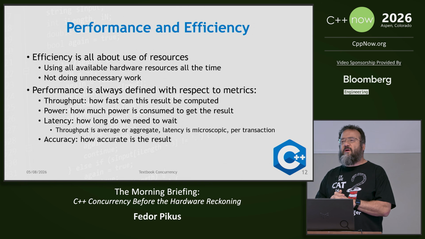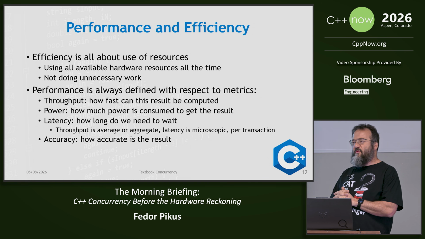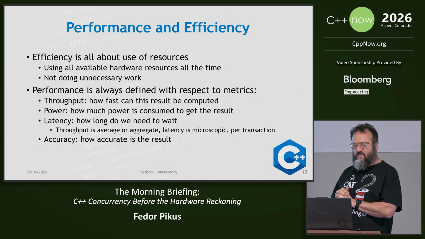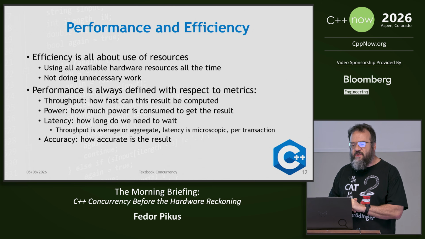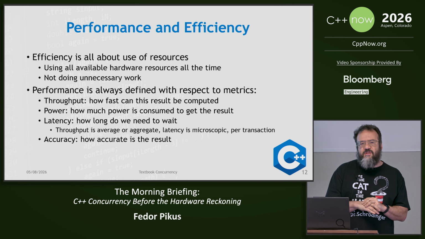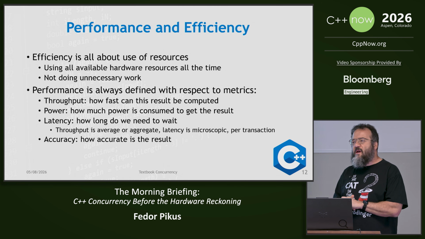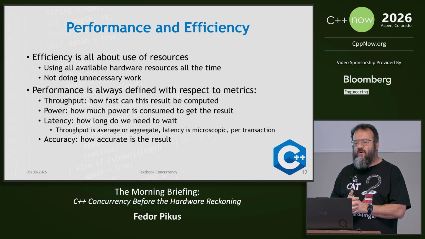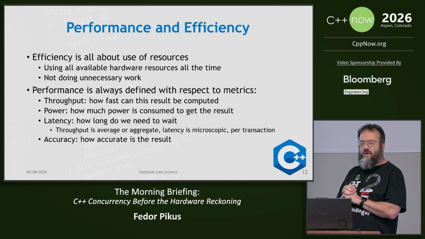We're going to talk a lot about what makes your programs fast, so we need to also define performance and efficiency. Efficiency is exclusively about the use of resources, and there are basically two parts to it: using all available resources at all times, that's the maximum efficiency, and not doing any work you don't need to do. Strictly speaking, it doesn't have anything to do with performance, because performance is always defined with respect to metrics.